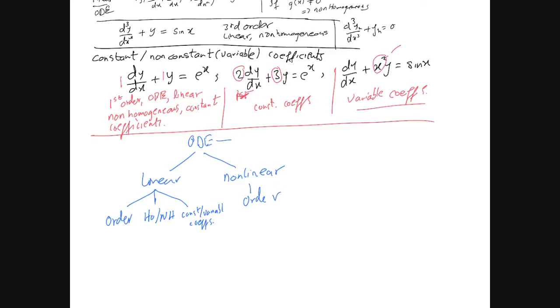So under linear you've got these three subclassifications: your order, your homogeneity, and your variable versus constant coefficients. Under nonlinear, the only thing you can further do is calculate the order. I mean, you don't have to have it nonlinear to identify order. Order can be identified at the start. It's not affected by linearity.